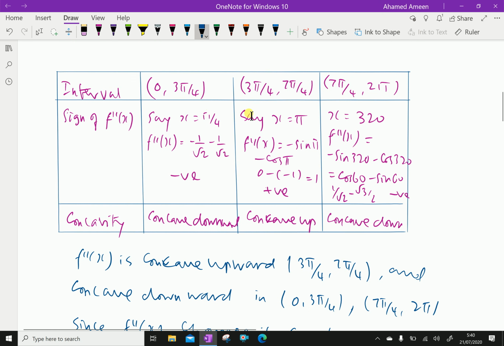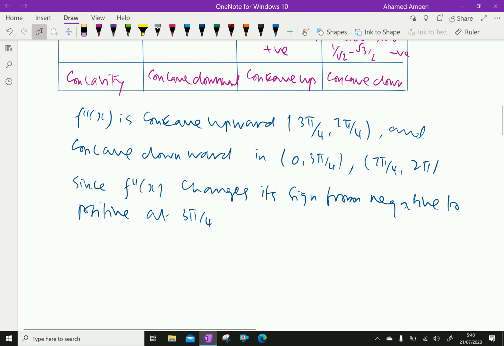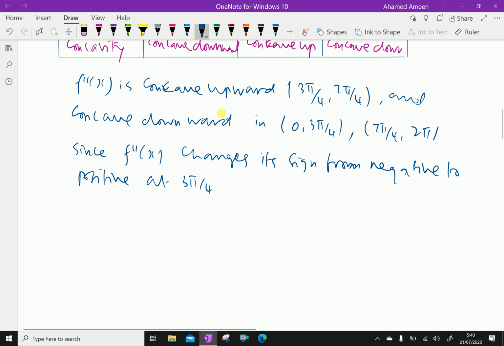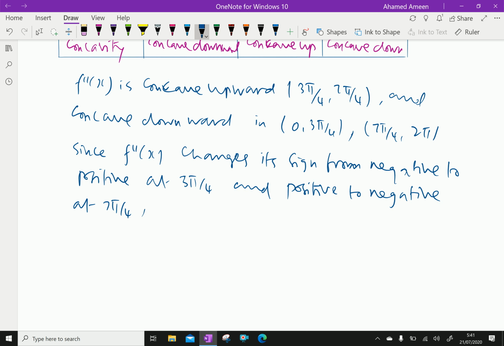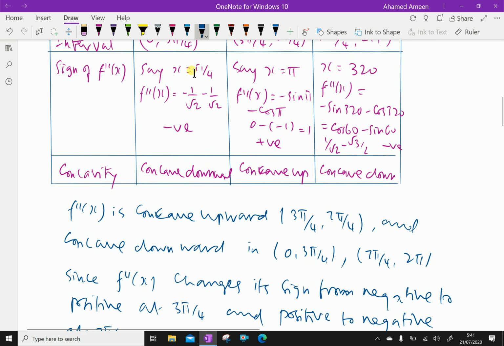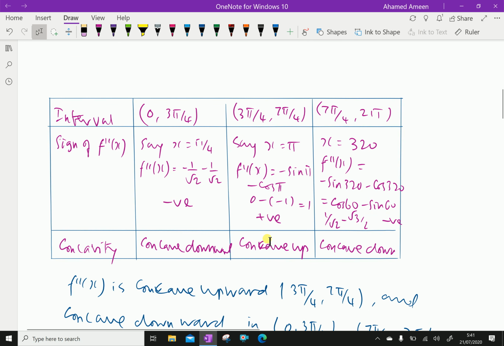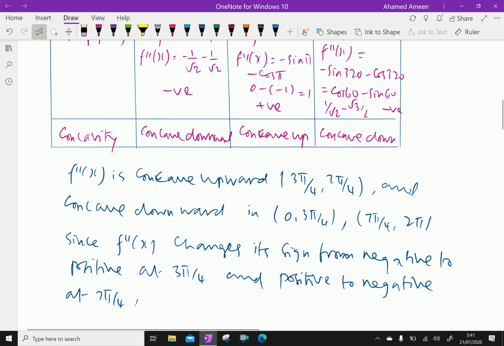Look here, at 3 pi by 4 it changes from negative to positive, that is, downward to upward. And positive to negative at 7 pi by 4, that is here positive to negative.